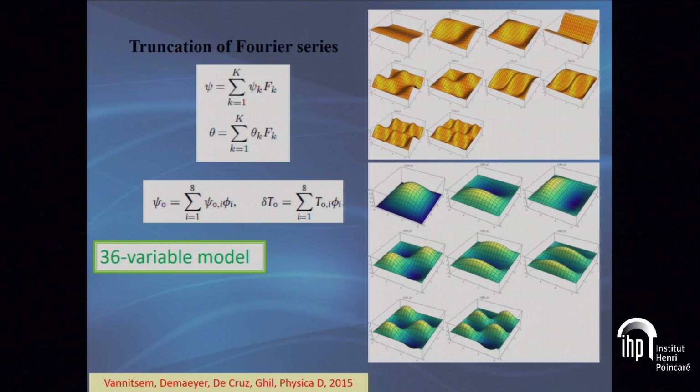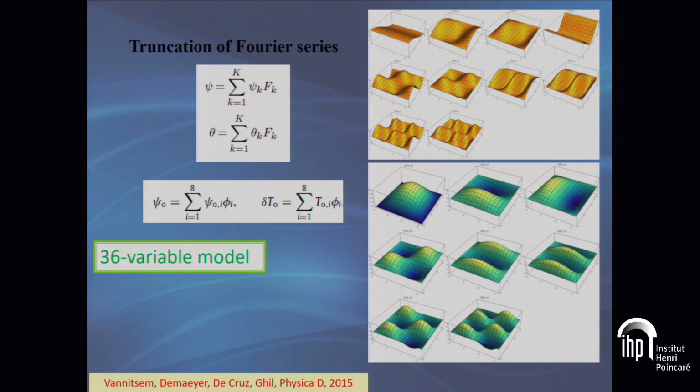As done by Lorenz and by many others, by Charney, by Saltzman, what we decided to do is to develop all the fields. Here, this is the barotropic stream function, the sum of the two stream functions divided by 2 within the atmosphere. This is theta, the baroclinic stream function, which is associated with temperature. Psi_o is the stream function within the ocean, and this is the temperature anomaly within the ocean.